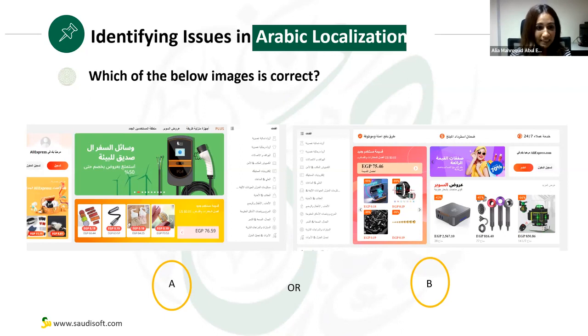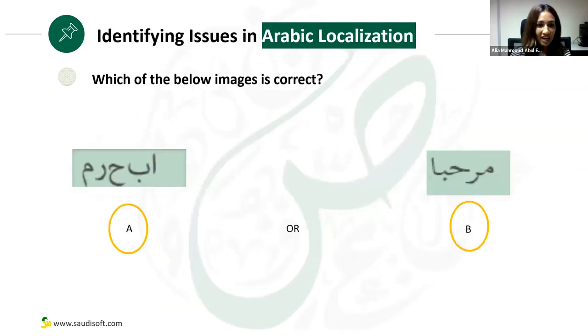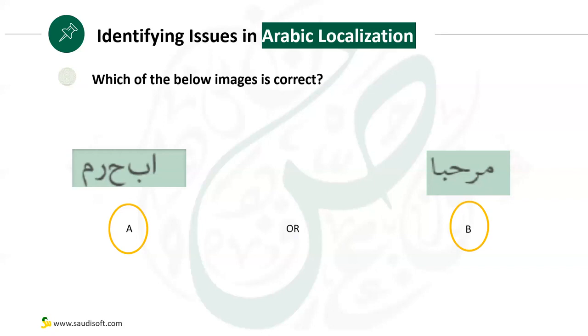And last but not least, we have one more example. Let's see. Here we go. Oh, I wonder if there are many Arabic speakers among the attendees. Why don't you guys write in the chat whether you can speak Arabic?